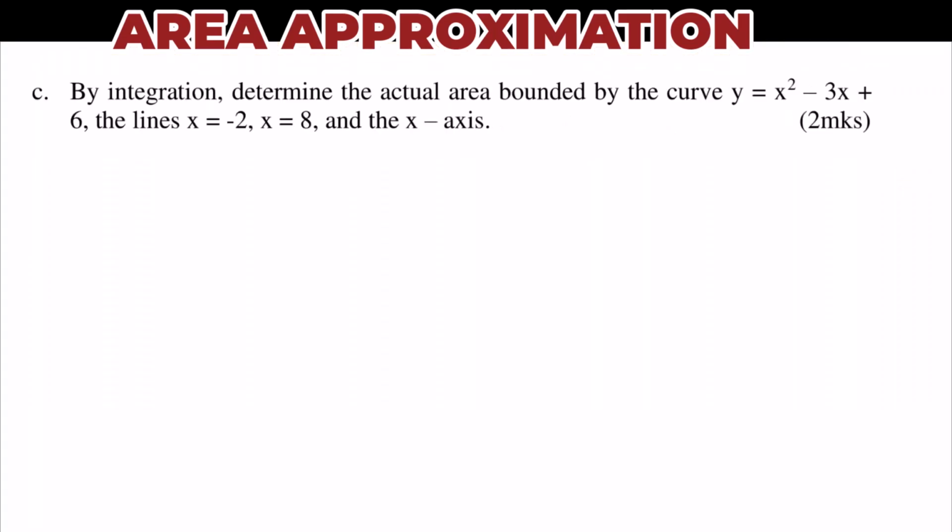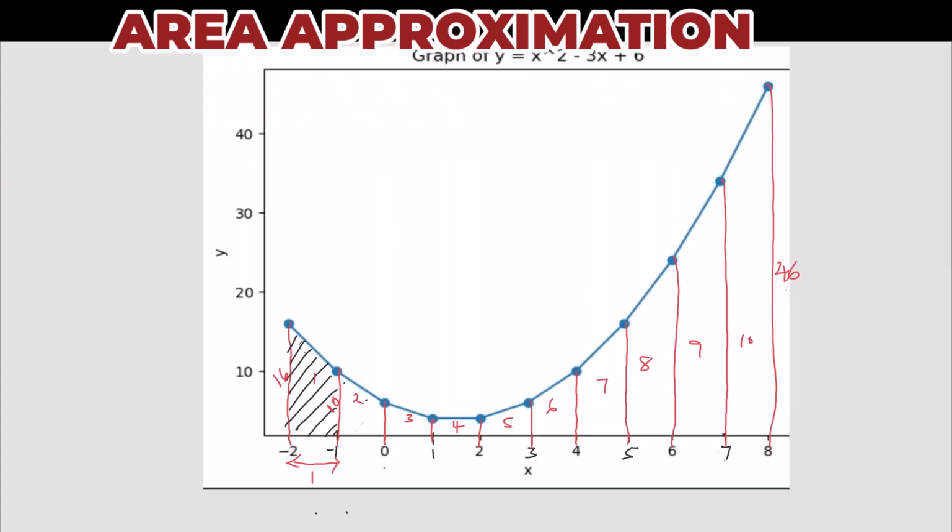Remember, for the mid-ordinate rule, we use the midpoints of each of the strips. And here we need to have 5 strips. So already we have all these strips that are here, are 10. So we require 5. So that means we are going to enlarge each strip, or reduce these strips from 10 to 5.